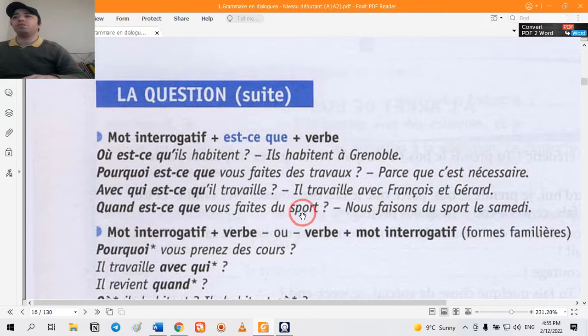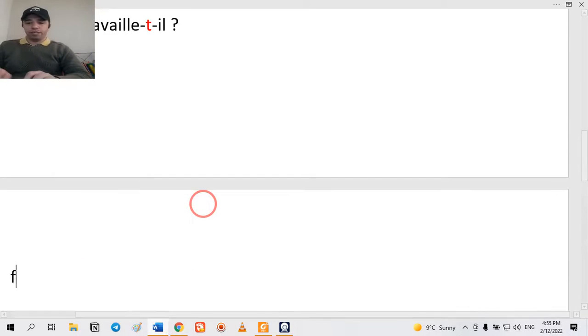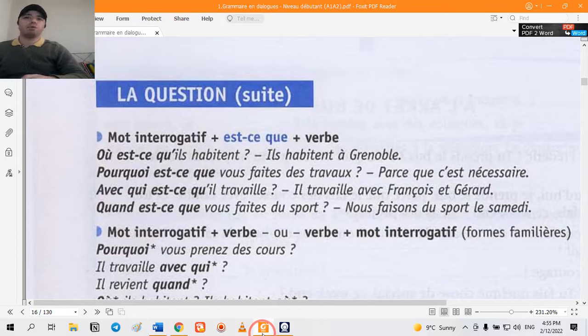Quand est-ce que vous faites du sport? Faire du sport means to play a sport or play sports. Quand est-ce que vous faites du sport? When do you play sports? Or with intonation, you can say quand vous faites du sport, or vous faites du sport quand.